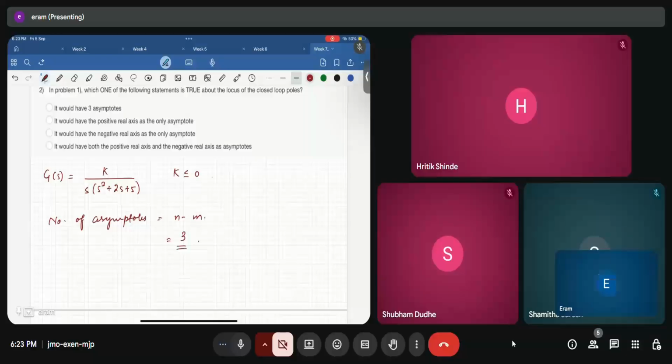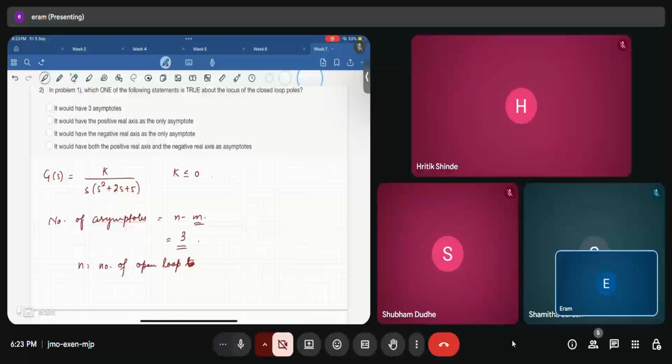What is m, ma'am? Sorry, m? m is the number of open loop zeros, and n is the number of open loop poles.